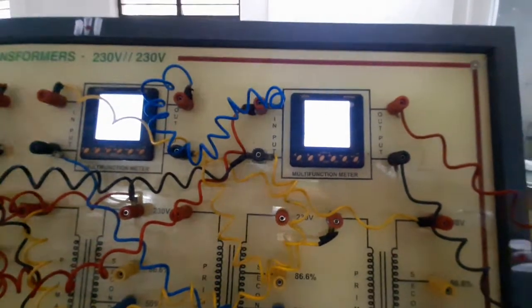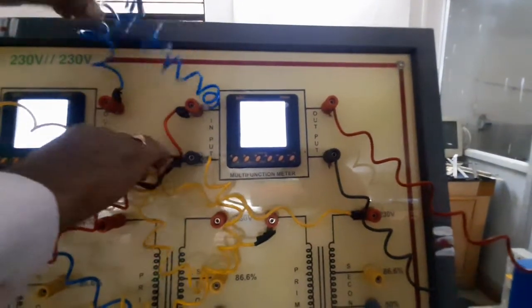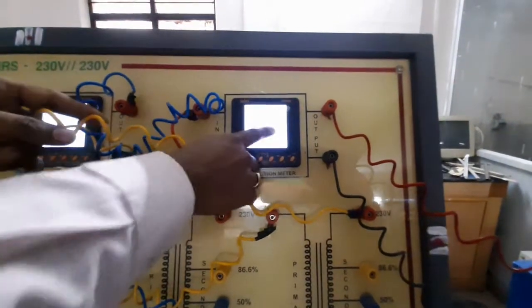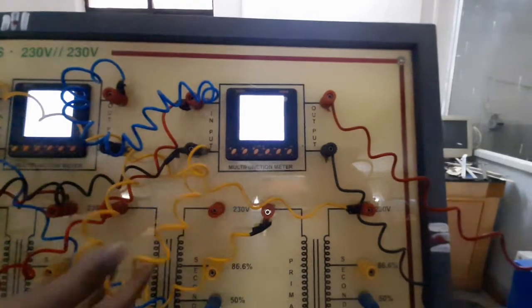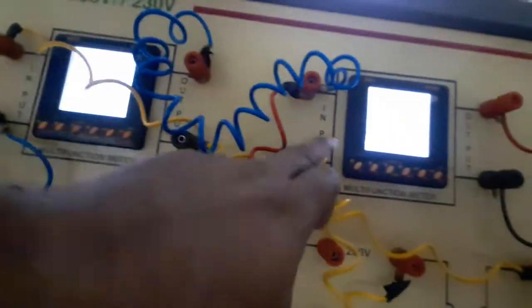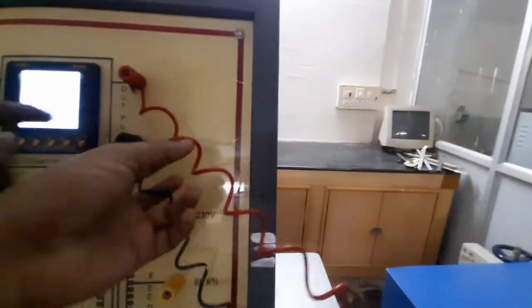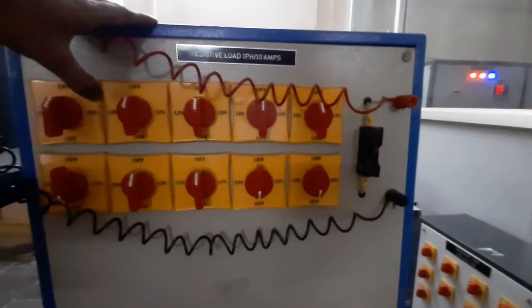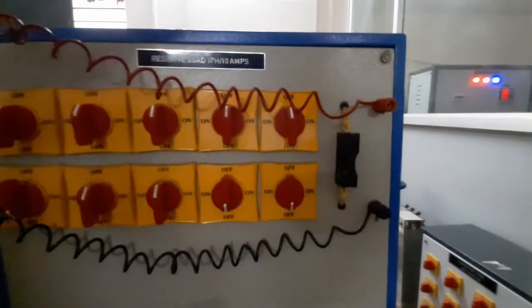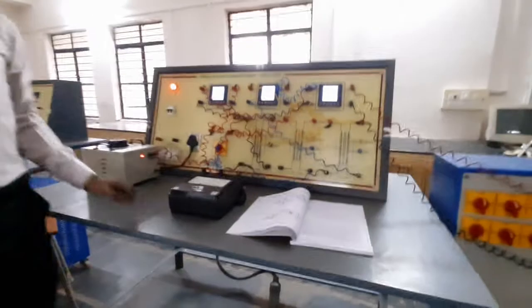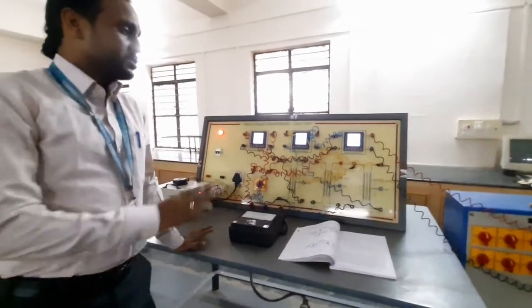Similarly, the second multifunction meter output second point also goes to the third multifunction meter. Also the first multifunction meter second point goes to the third multifunction meter input. Finally, the output of the multifunction meter is connected to the resistive load connection, one phase and one neutral. So this is the connection diagram for parallel operation of transformers.